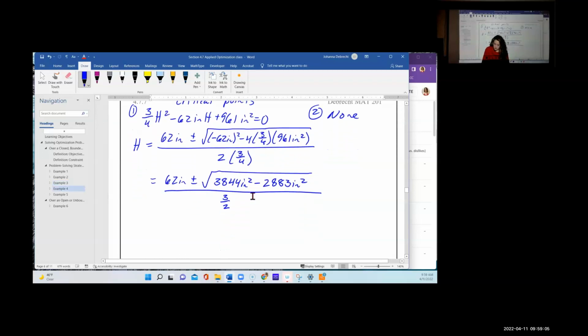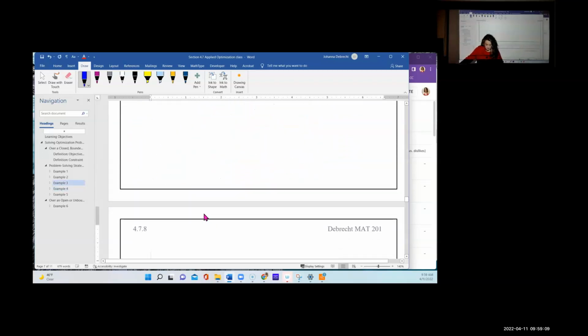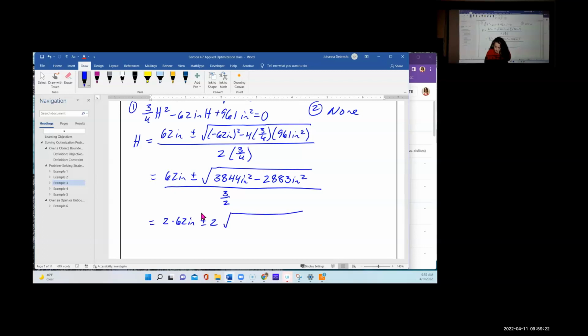Now the 2 will flip up to the numerator. So we'll have 2 times 62 inches plus or minus 2 times the square root of whatever that comes out to be.